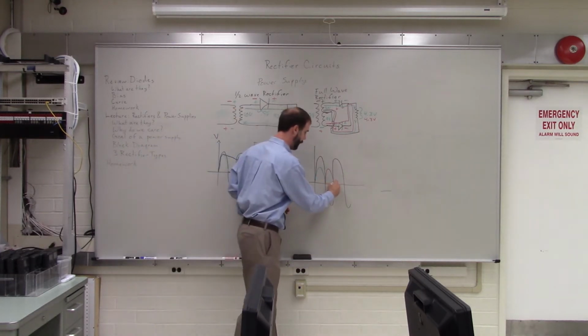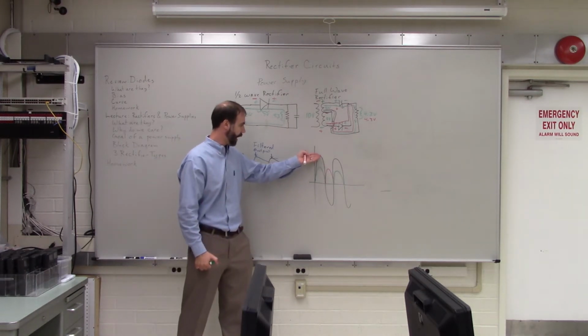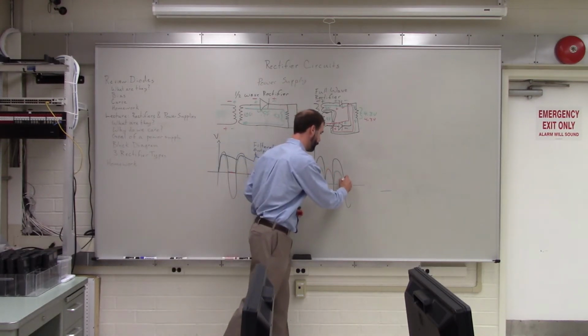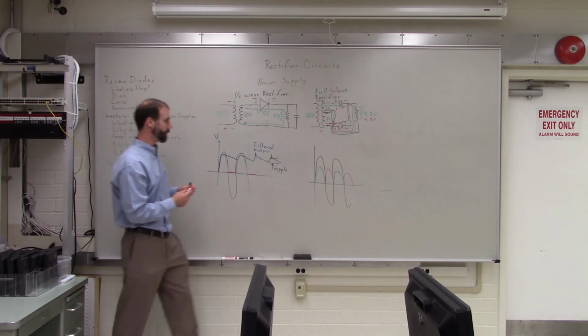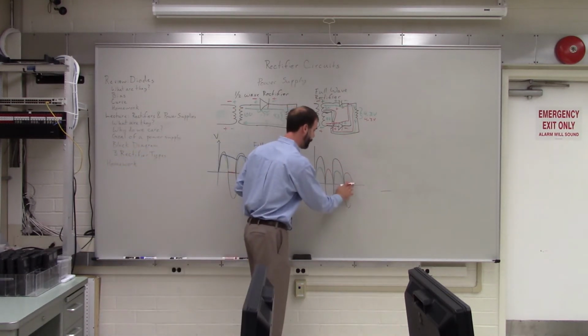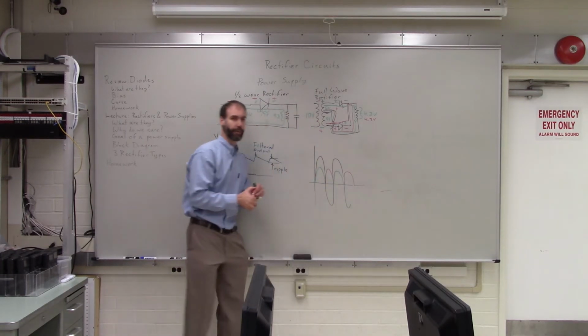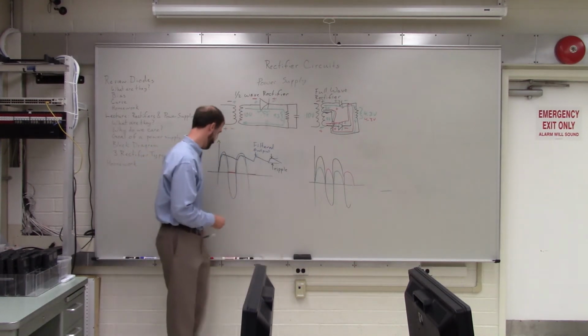So this is a good thing in one way, because now we're capturing both the positive part of our input and the negative part of our input. So in that sense, it's good, but at the same time, the output voltage is much lower than it was before, because we're only starting with half of the input voltage. Okay?